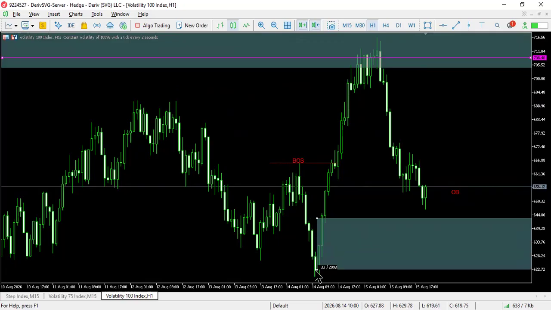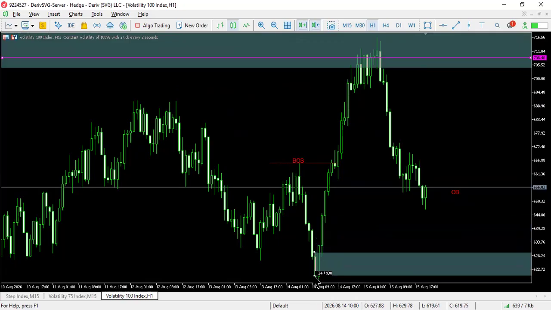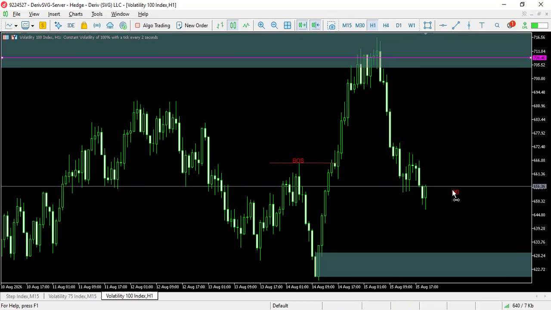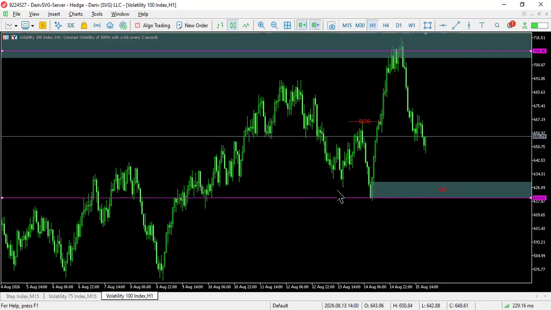And then our order block is at this level. Price is still falling. It's still pushing down. Therefore, I'm going to look for a sell position because I can see price is pushing down and the overall bias is bearish.